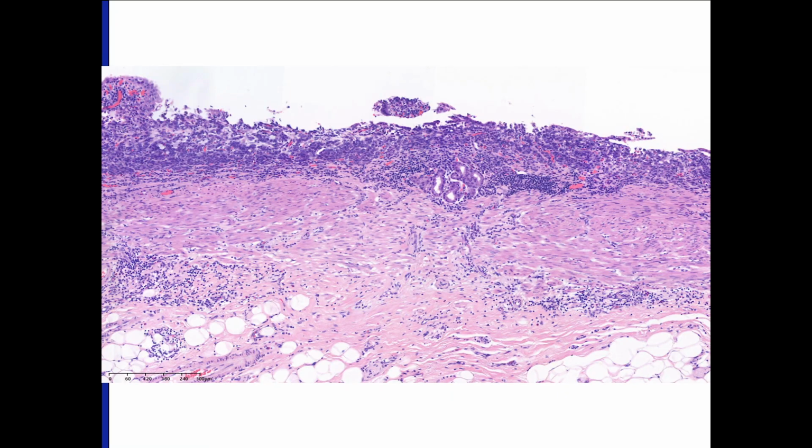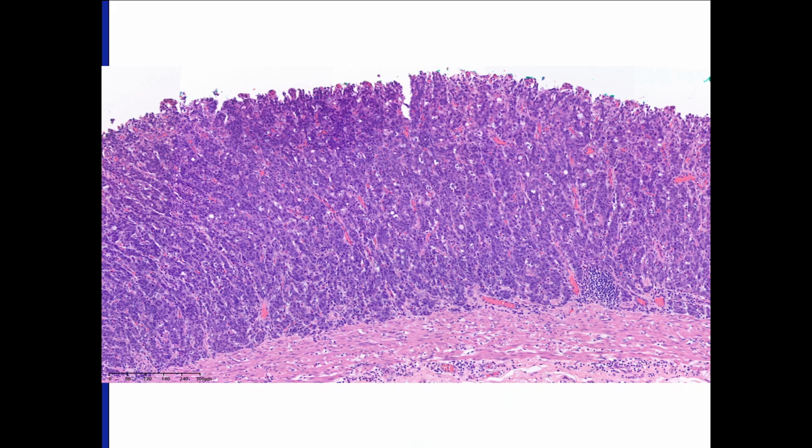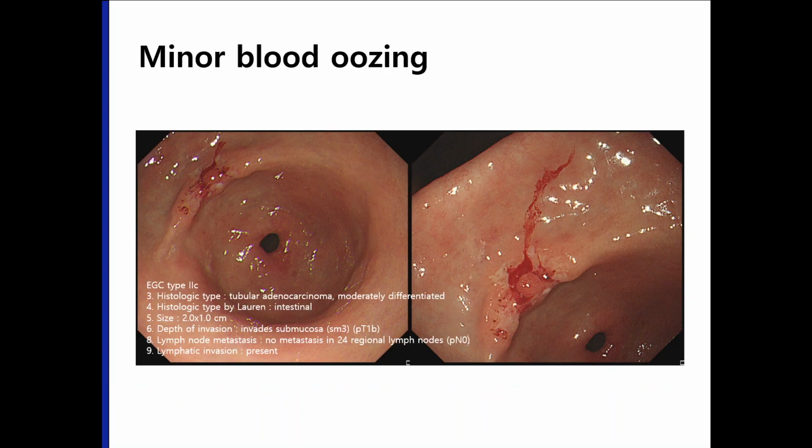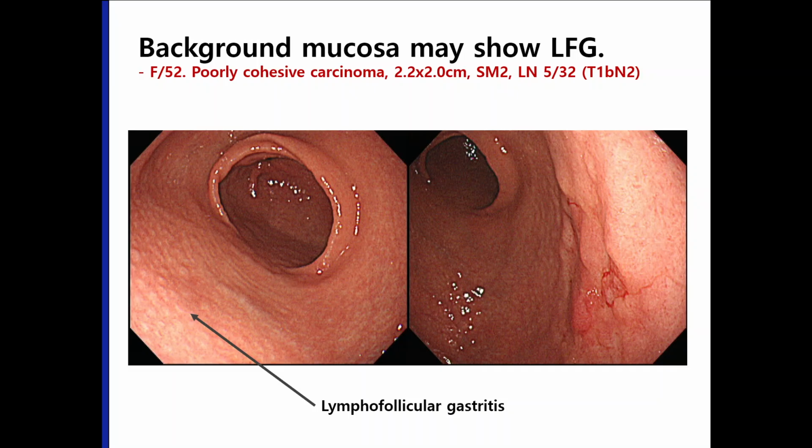This is a relatively depressed area with a thin mucosal neoplastic tissue. And this is a relatively thick neoplastic mucosal area. Minor blood oozing can be a sign of malignancy. Helicobacter pylori is commonly found in gastric cancer patients.